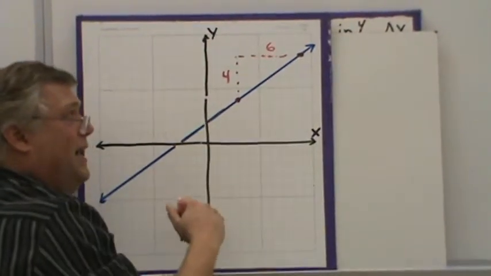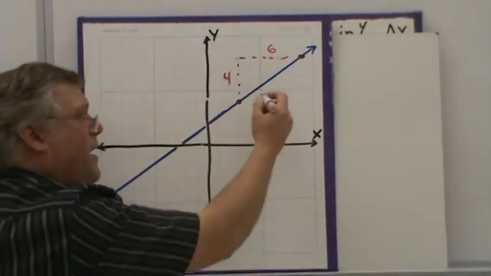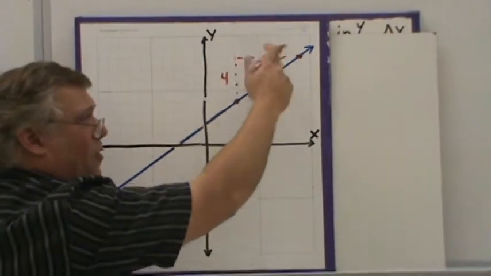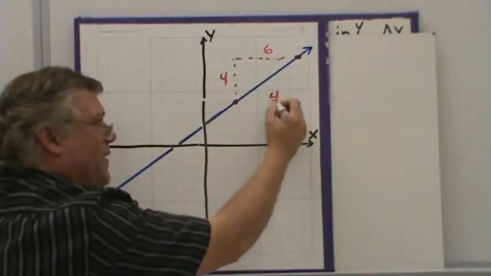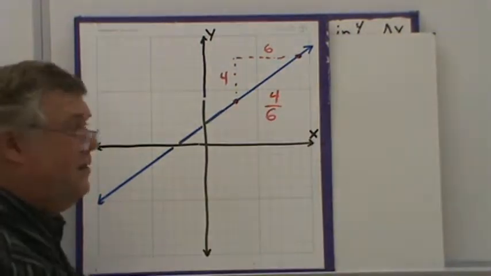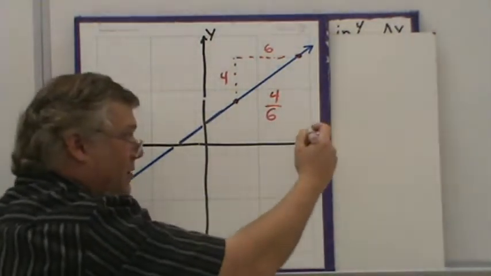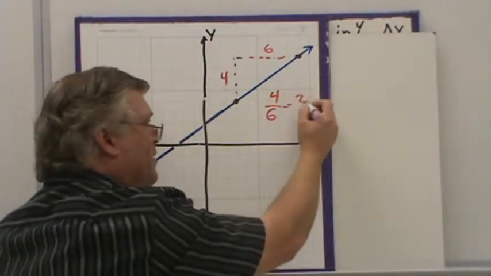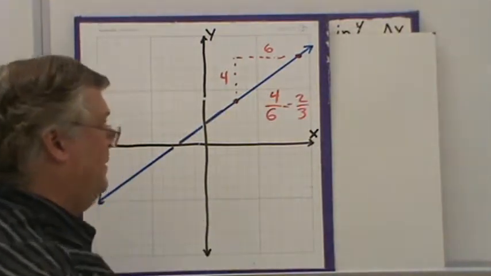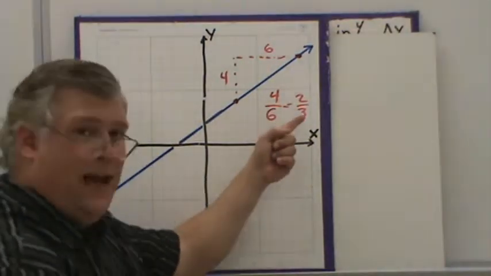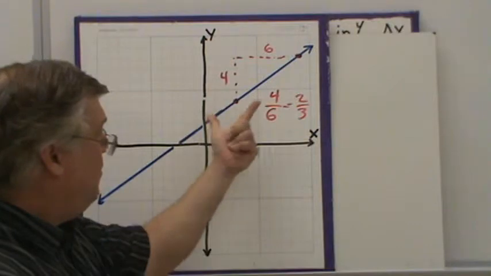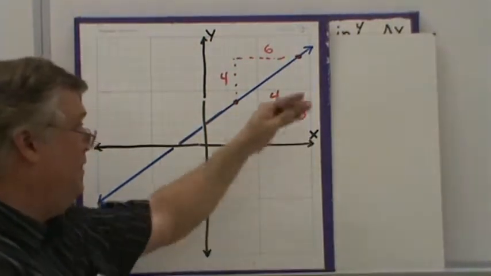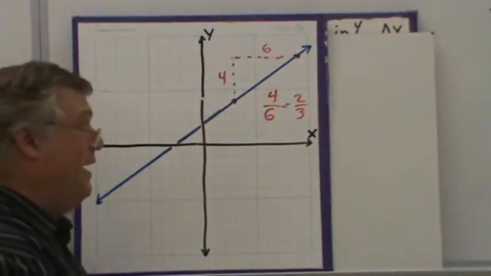My change in the length is a change of 6. If I do that change in height over the change in length, I get 4 over 6. Well, that can be reduced. So I reduce that, I would get 2/3. And this is how I describe the incline of this line, the slope of that line.